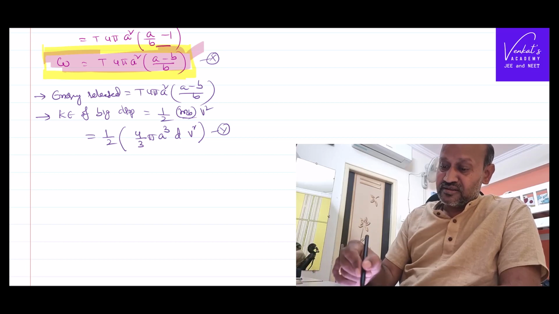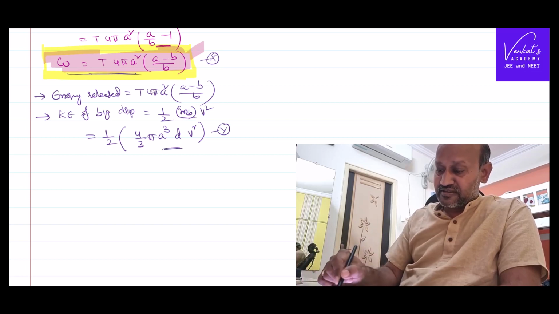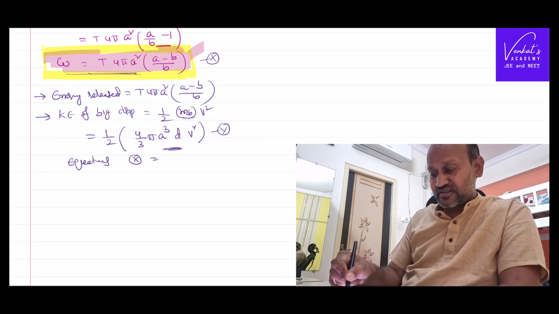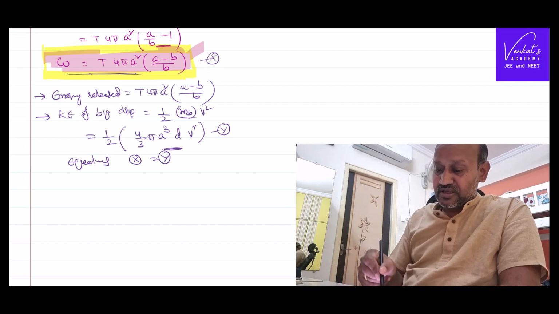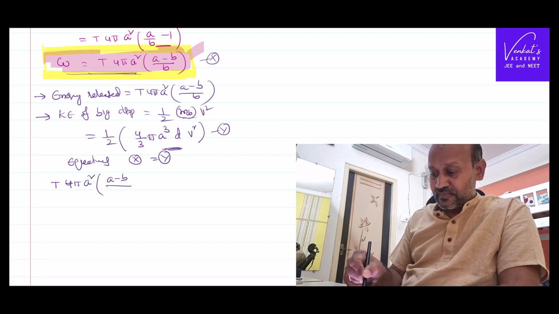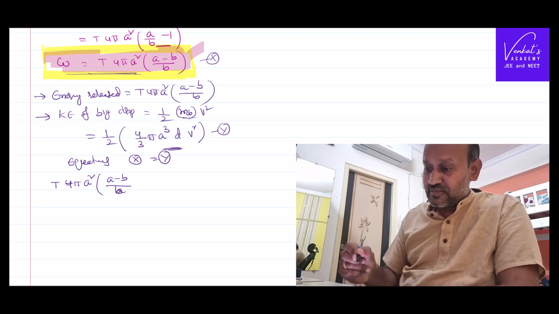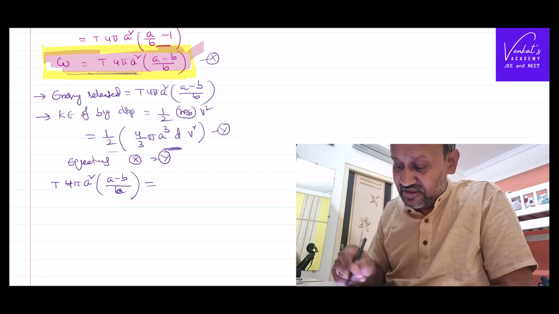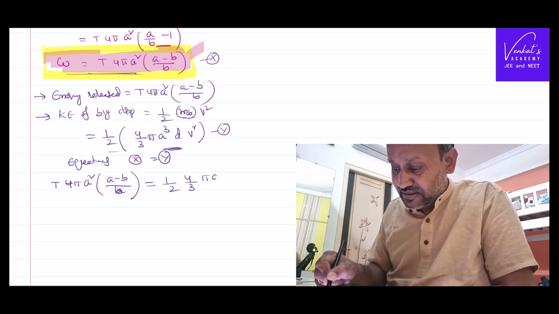He said this energy released is generated as kinetic energy, so you can just equate these two equations as per the given problem. So if I equate, T 4 pi a square of a minus b by b is equal to half into 4 by 3 pi a cube density velocity square.